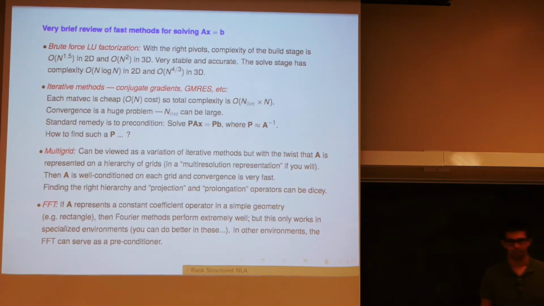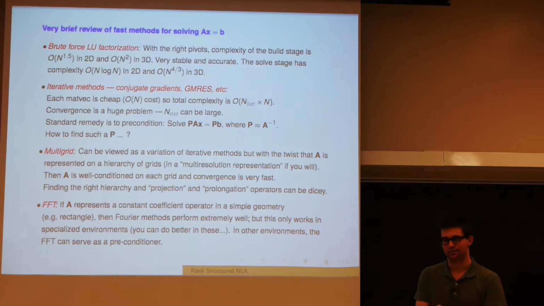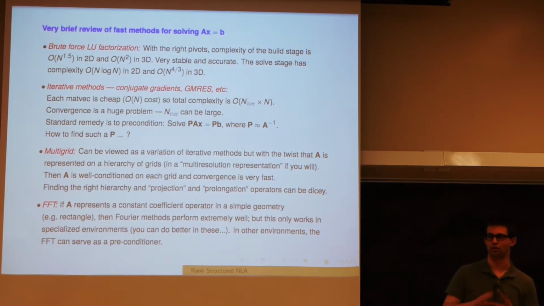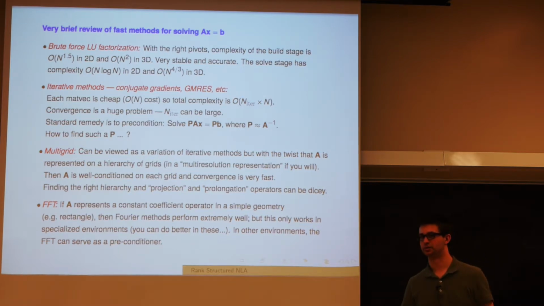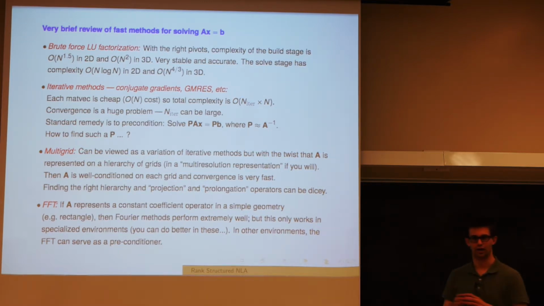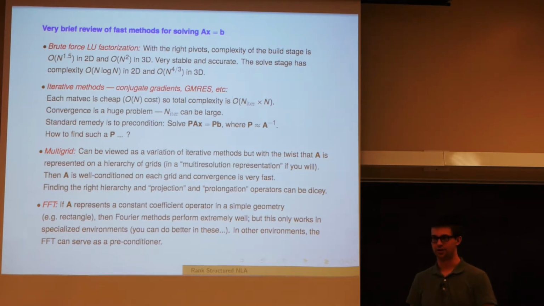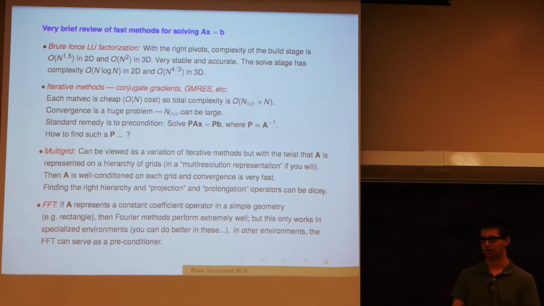OK, nested dissection, I like to think of it as just LU with a really smart choice of pivots. In a first numerical linear algebra course, you talk about systems. You learn Gaussian elimination, and then you learn how to pivot to help stability.